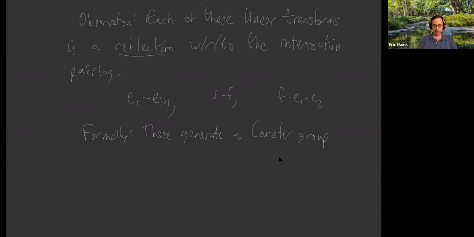And in particular, if you look at how these intersect, so we have S minus F, F minus E1 minus E2, E2 minus E3, E3 minus E4, etc. And then we have one more sticking out here.